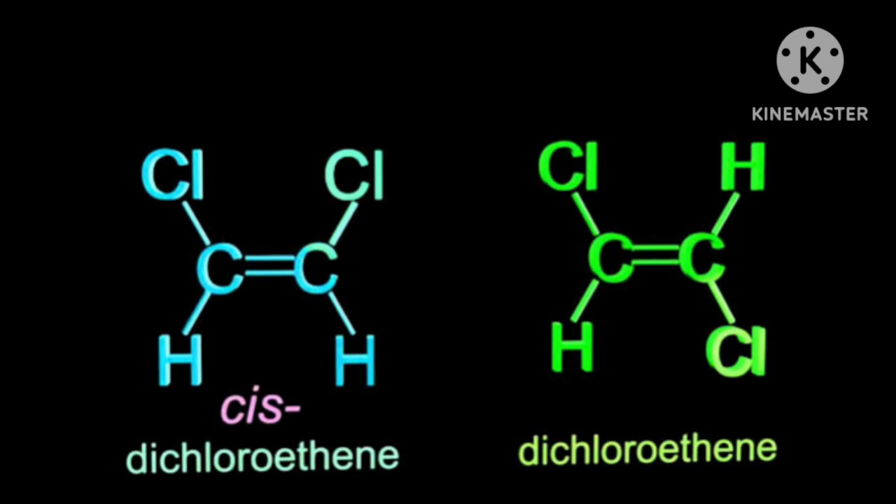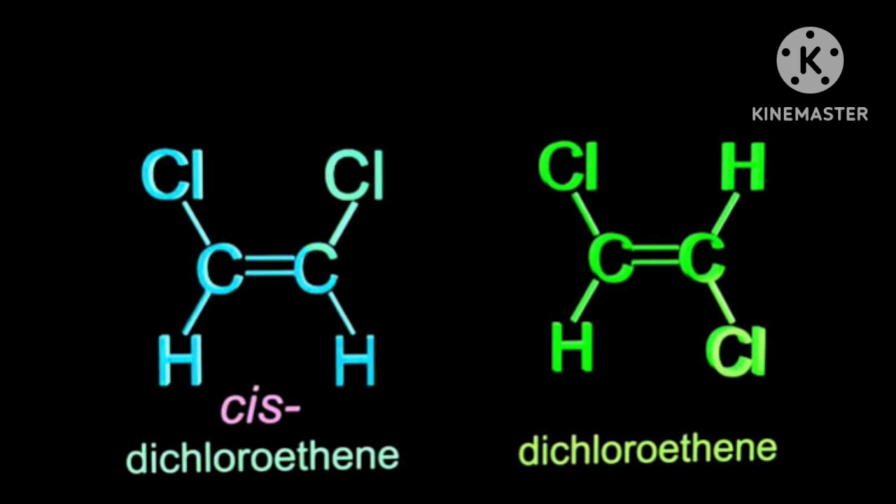Now I am going to discuss geometrical isomerism of alkenes. Alkene means a double bond. Now listen carefully.